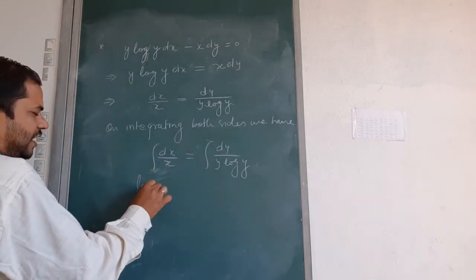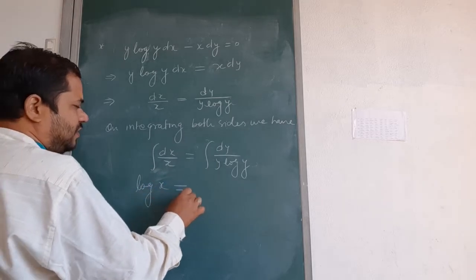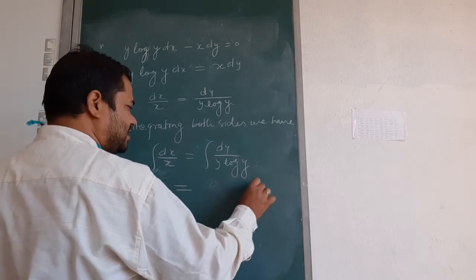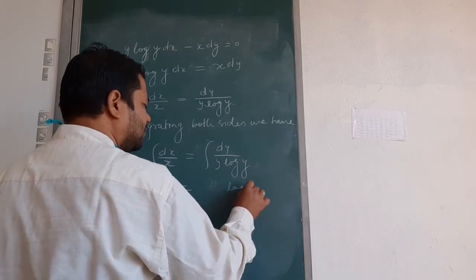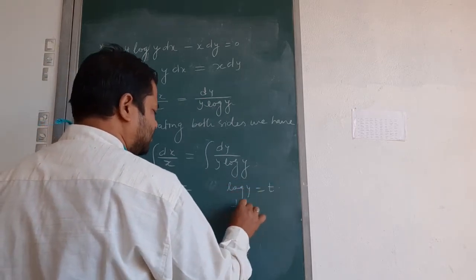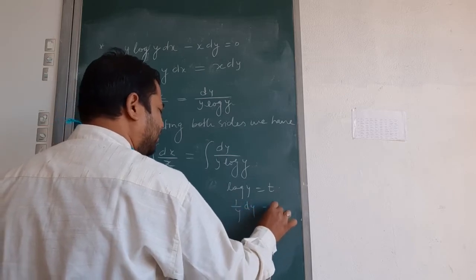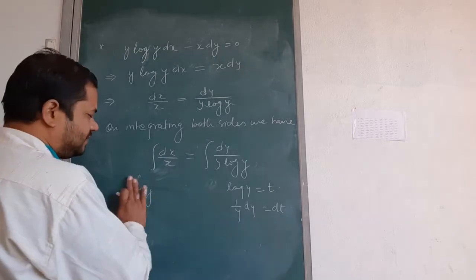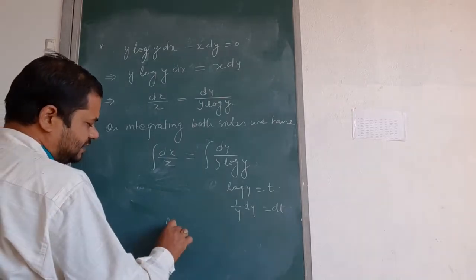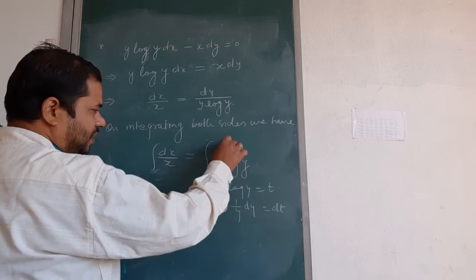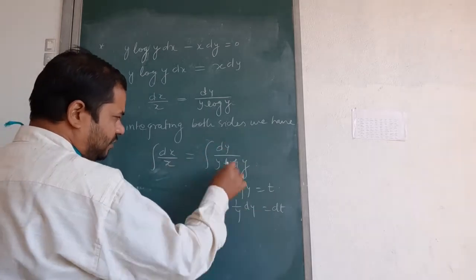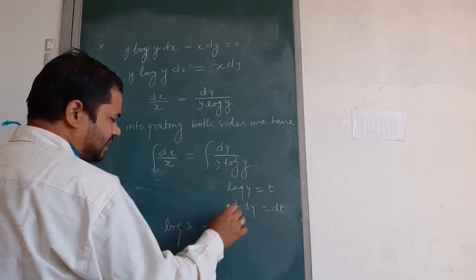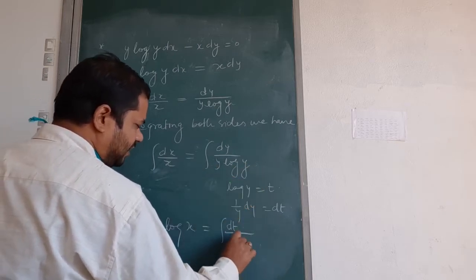Now integrate. This one is nothing but log x is equal to, here, let log y is equal to t, then 1 upon y dy is equal to dt. Am I right? So this is log x is equal to the integral of 1 upon y dy, in place of which we put dt, and log y is nothing but t.